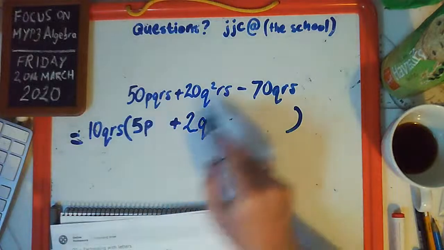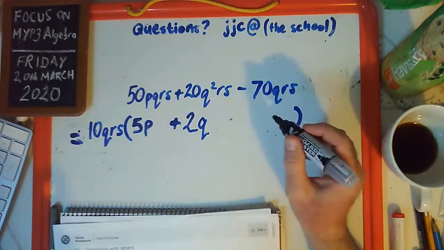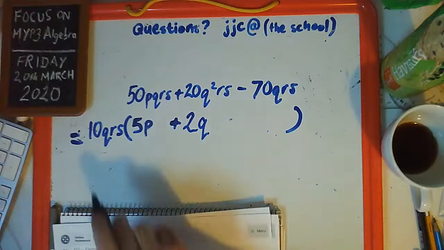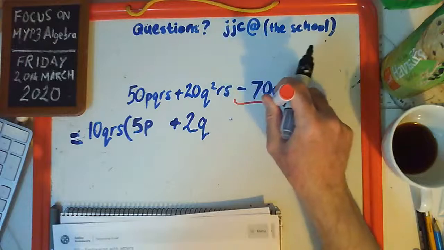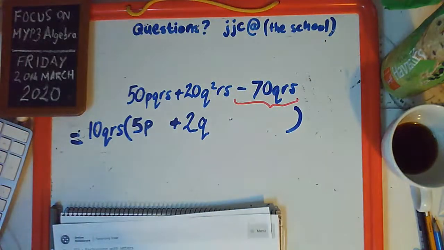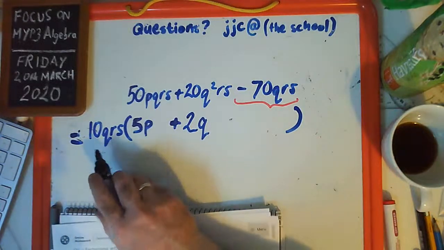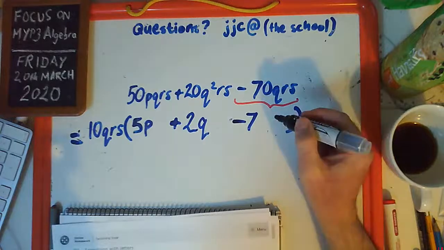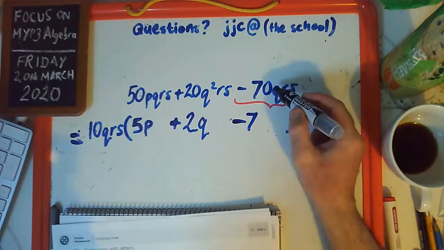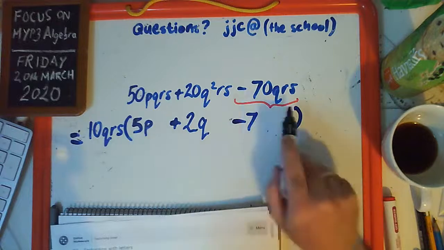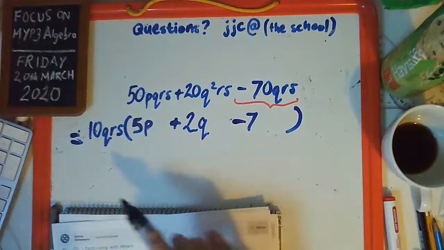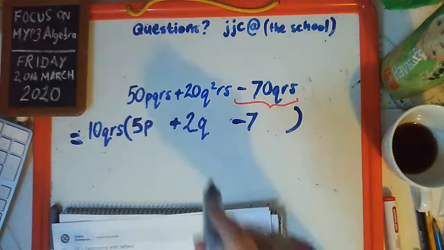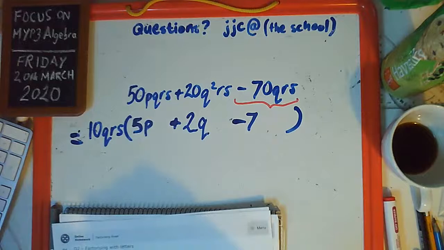And then the R and the S are already there. And then the last term, 10QRS times what inside the bracket will give me minus 70QRS. So remember, minus belongs to the thing that comes next. So 10 times minus 7 will give me the minus 70. And then the QRS are already there. So that's just a minus 7 on the end. So the factorization is 10QRS brackets 5P plus 2Q minus 7.